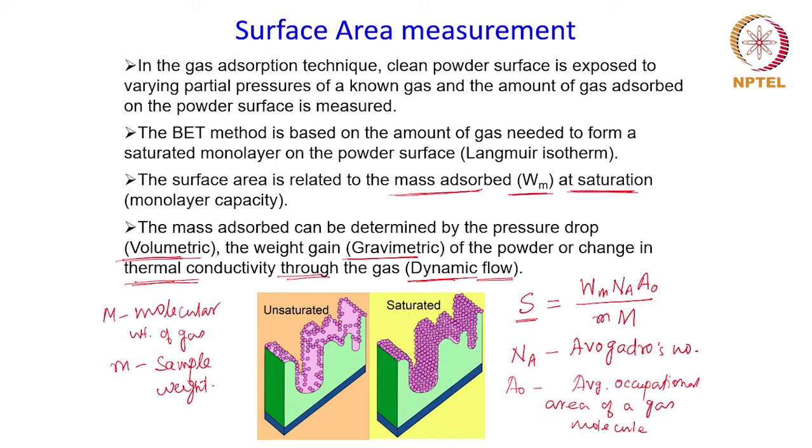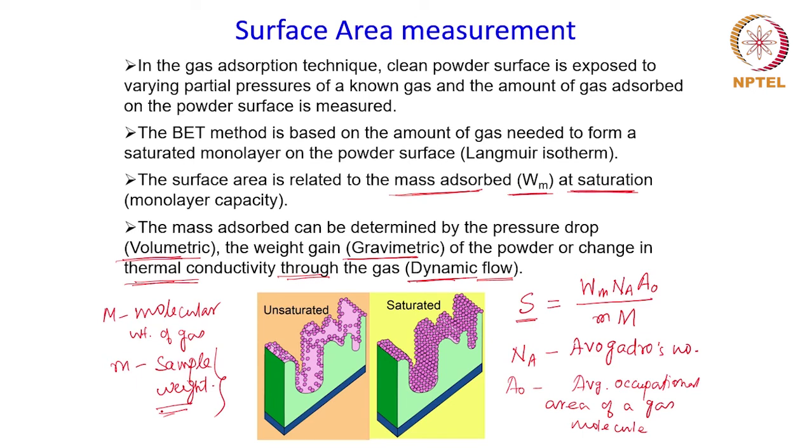And therefore it is also necessary to measure the sample weight before the surface area measurement is started, and it has to be done carefully because most of the time the amount which is being adsorbed is very small, particularly if you are using the gravimetric method, which is based upon the weight change after the adsorption.